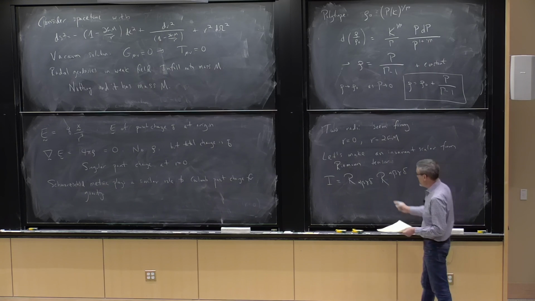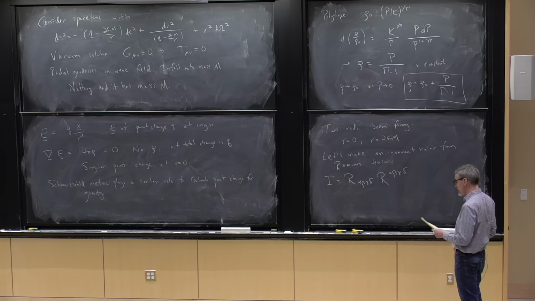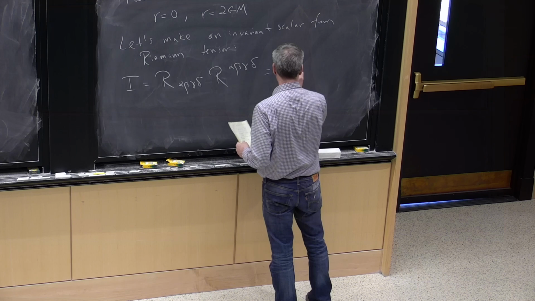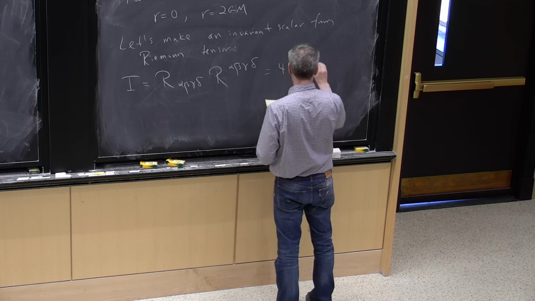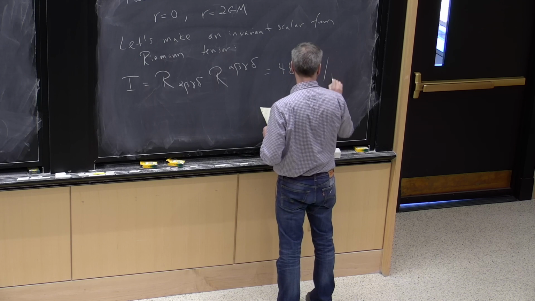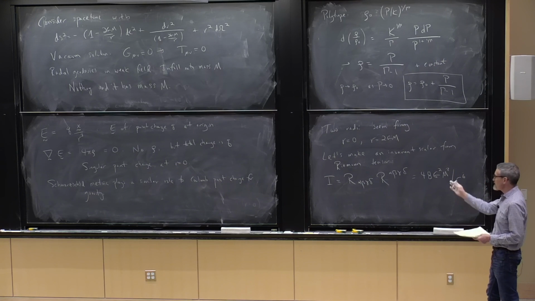And you can go in, you can work out all these components. The GR tool that is posted to the 962 website is something you can explore with this. And this is just a number. It turns out to be 48 G squared M squared over r to the 6th. What does this guy mean?